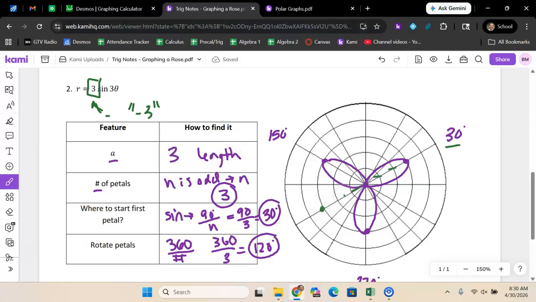I'm going to go across the line to do that, to give me that first petal. And then once you have that first petal, you're still just rotating every 120 degrees to get your other ones. They're all going to be evenly spaced. But if that number is negative, your first petal is essentially directly across the circle from wherever you find that starting point to be. Okay, so that is graphing a rose.